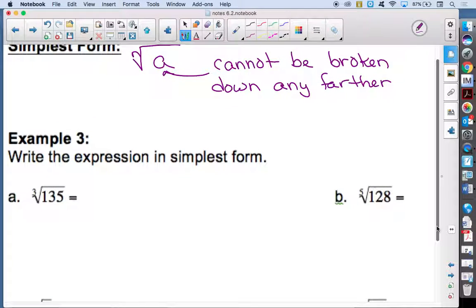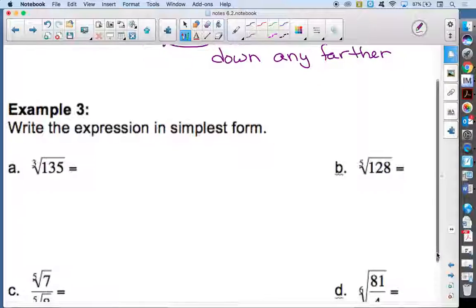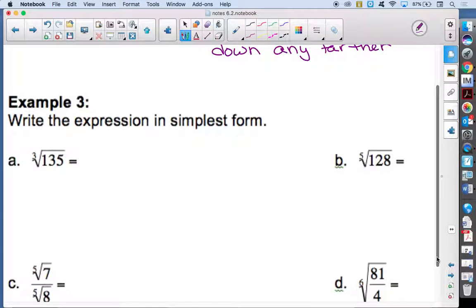So if you look at A and B here, we have the cube root of 135 and the 5th root of 128. So we're always used to thinking of square roots getting broken down, but you can break down any root by using the same process. Except you need to go into your chart and look at the cube column instead of the square column.